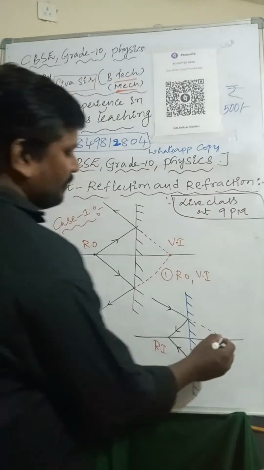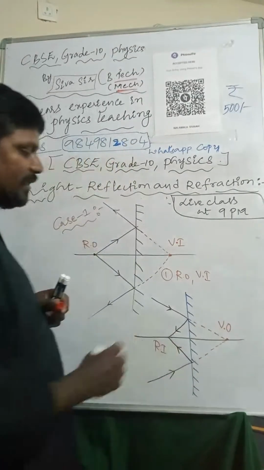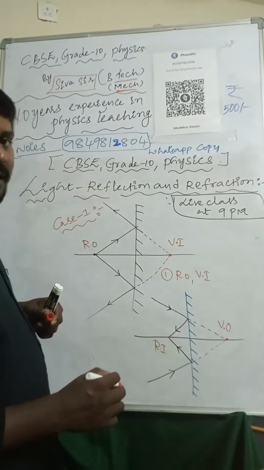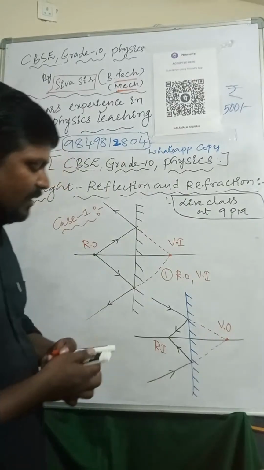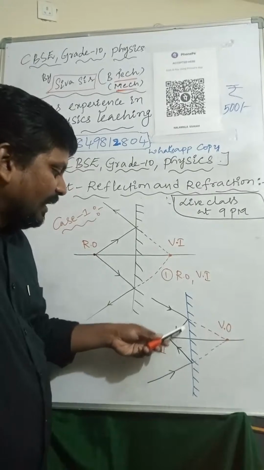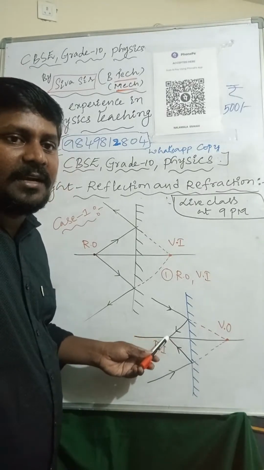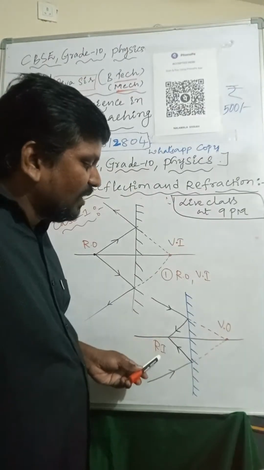The image is real and the object is virtual. You can observe that the reflected light rays directly meet at one point. The point of intersection of reflected light rays is called a real image.